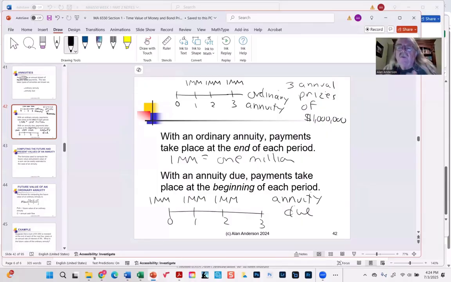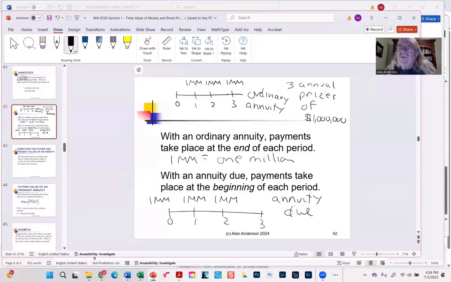So we just have to be aware that in some of these annuities that we'll be analyzing, the cash flows start 1 year in the future, which makes them an ordinary annuity. And in other cases, the payments may start right away. Now, if you are the investor, whoever won this prize, clearly you would prefer the second case because you're getting your money back sooner.